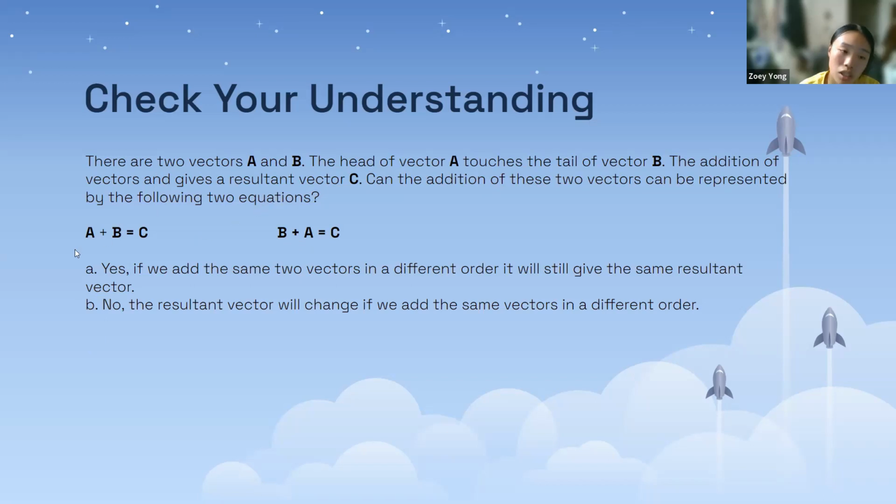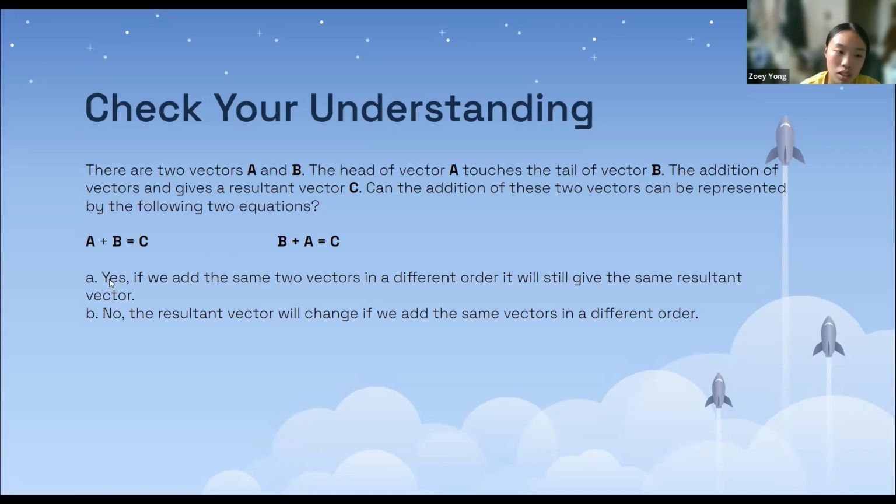First equation is vector A plus vector B equals vector C. And the second one is vector B plus vector A equals C. And so the difference is the order of these two. Do you add the head of this to this tail, or do you add the head of B to the A tail? One answer is A.